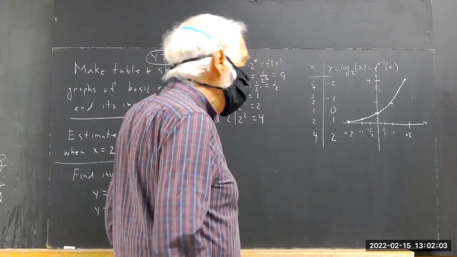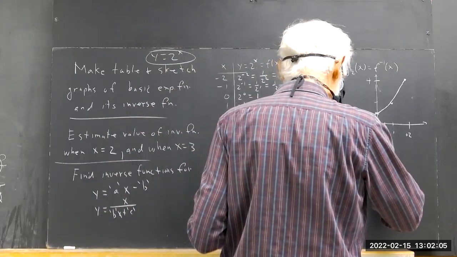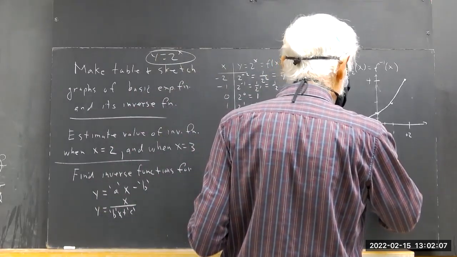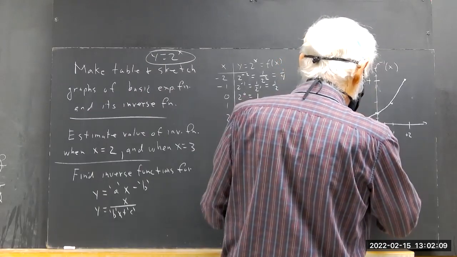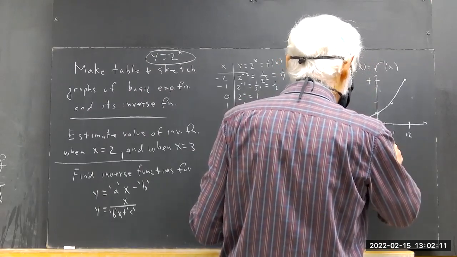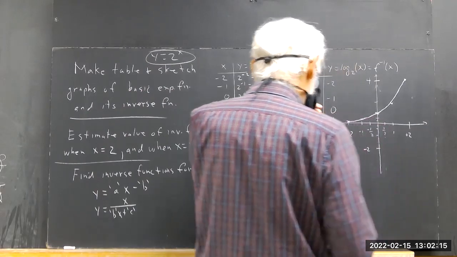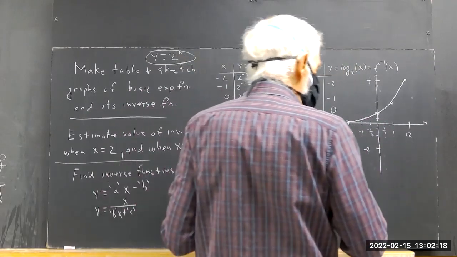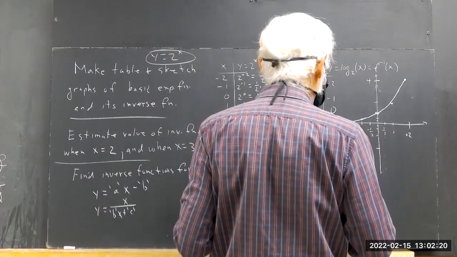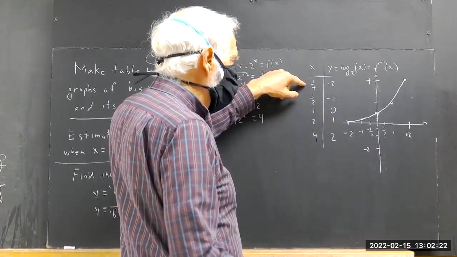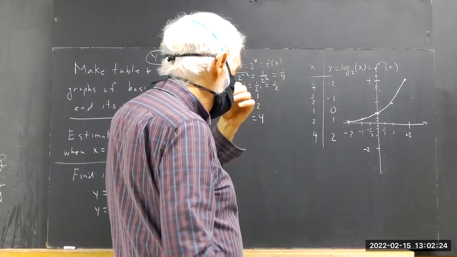And then if I do the graph of the inverse function, of course, now I'm going to need to go down to -2 here, which would be about here. And here's -1, and here's -1/2, and -1/4, although we don't need those. When x is 1/4, we get y equals -2.